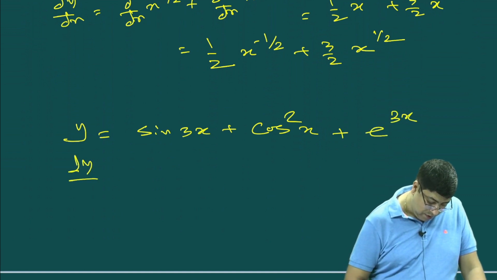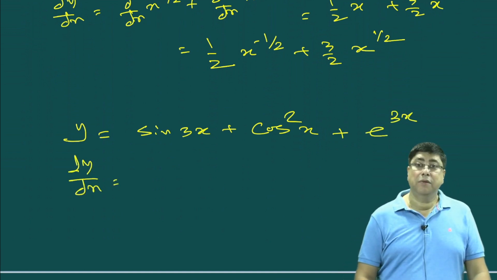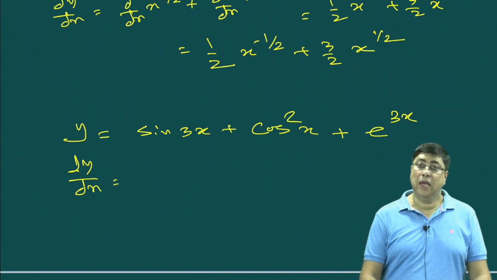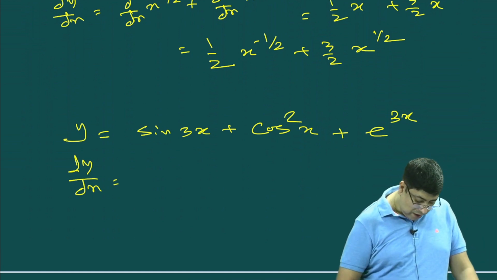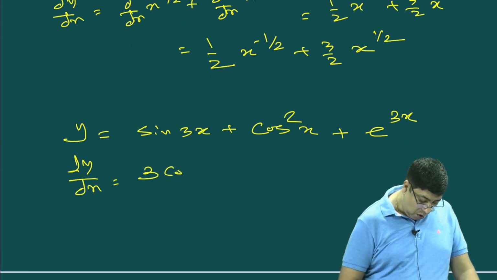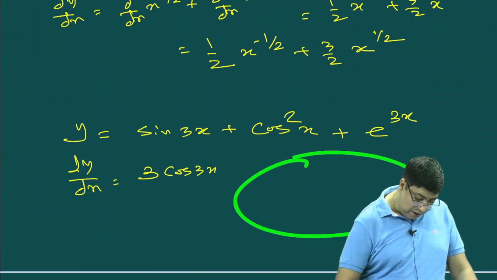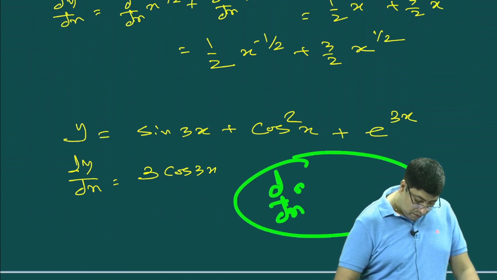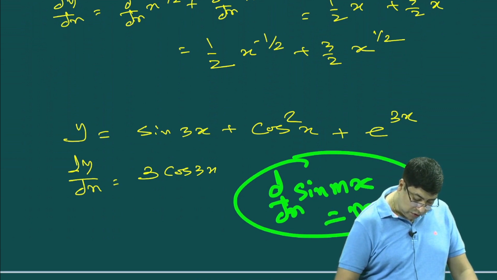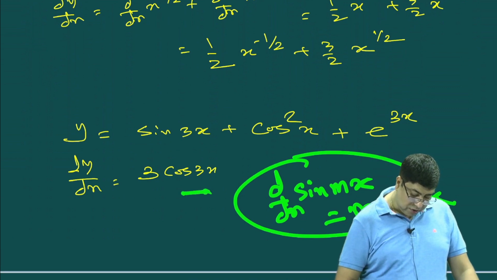Now d dx, the derivative of sin mx is m cos mx. So in this case, directly, the derivative of sin 3x is 3 cos 3x, because I have already shown you that d dx of sin mx is m cos mx.